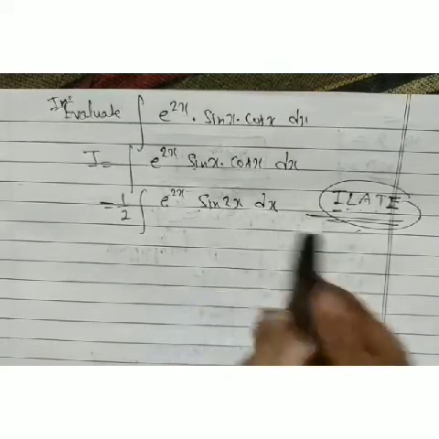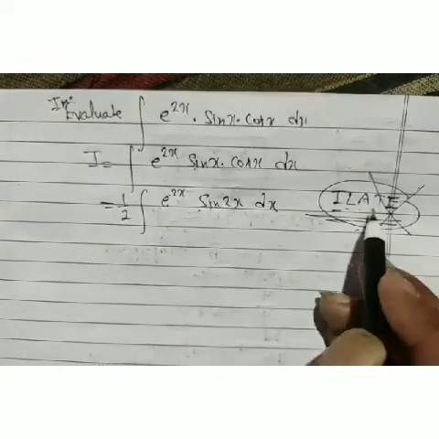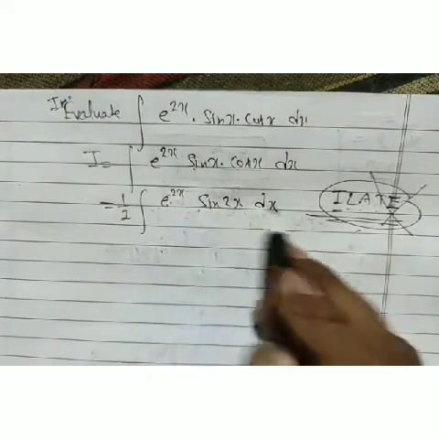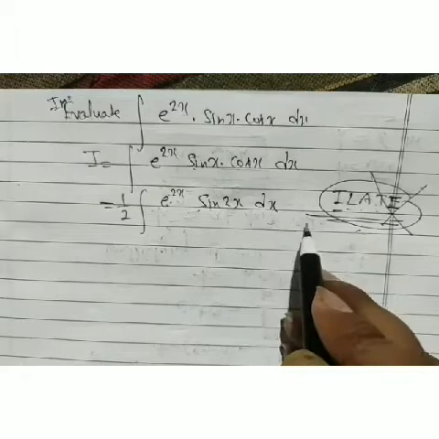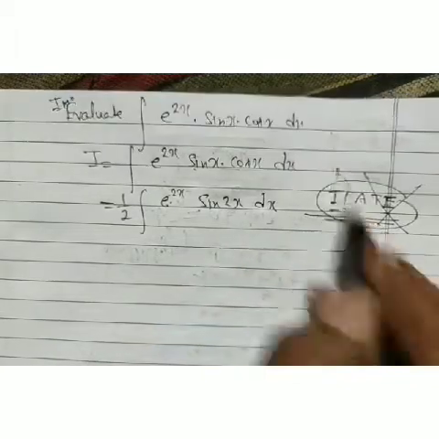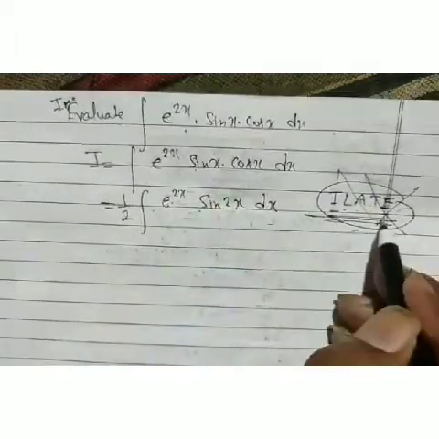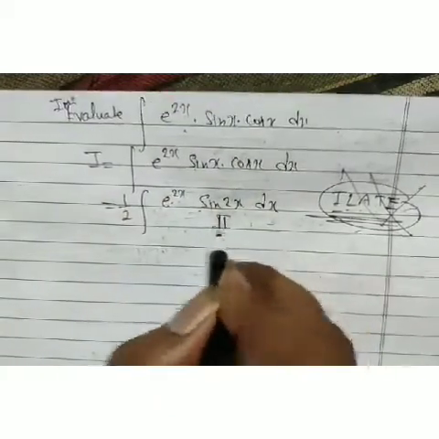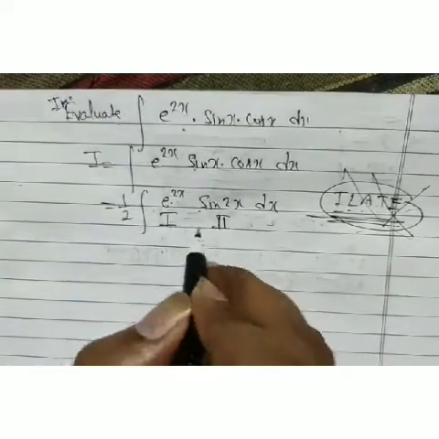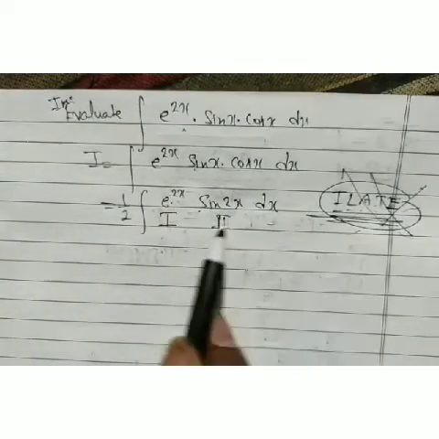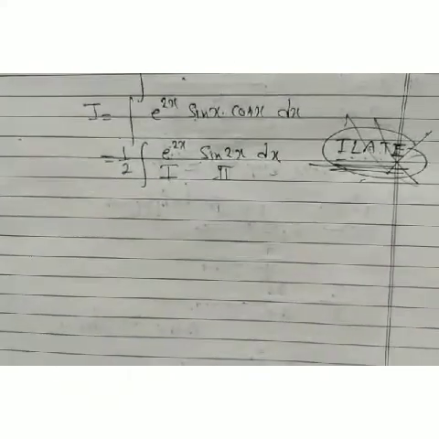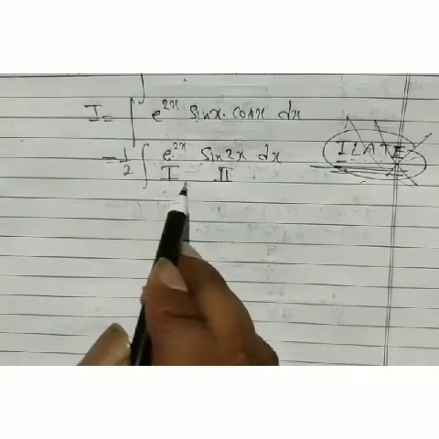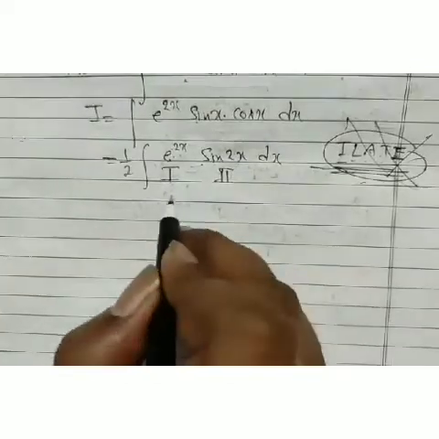In such types of problems we are not using ILATE. If we take trigonometric first and e to the power 2x second, we are not able to solve this type. Here we take sin 2x as the second function and e to the power 2x as the first function. Why are we not using the ILATE form? All of you will get your answer after using the integration by parts method.